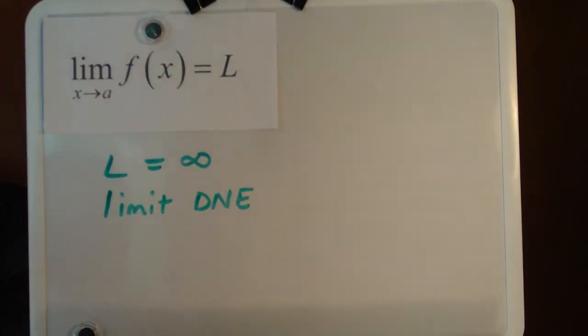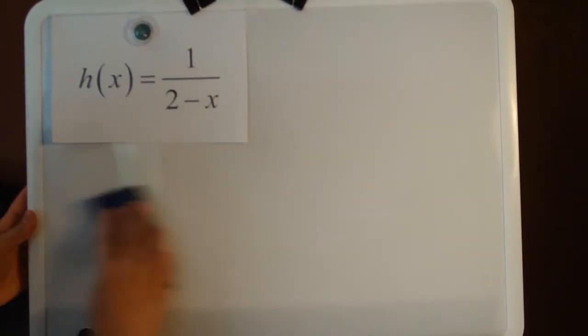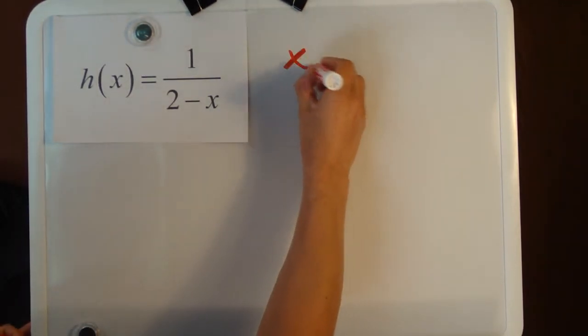Okay, so we're going to take a look at an example. Right, and this example will have some of this behavior. So it's really a good one to take a look at. So if you look at a mathematical function like this, you can tell that it's pretty well defined everywhere, but there is going to be a problem when x is equal to 2.